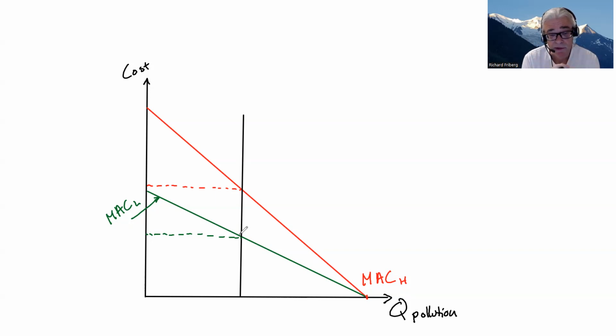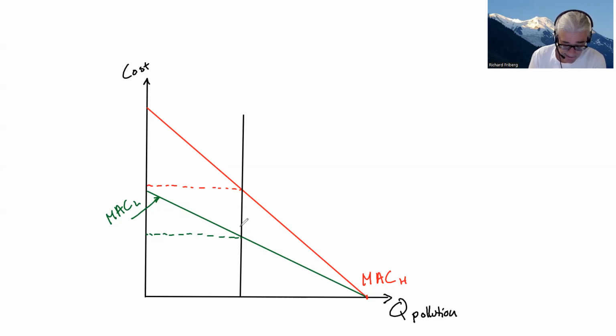So we could then note that in such a situation, we could achieve the same amount of limiting of pollution by reshuffling across these firms. We could have the more efficient firm emit less.